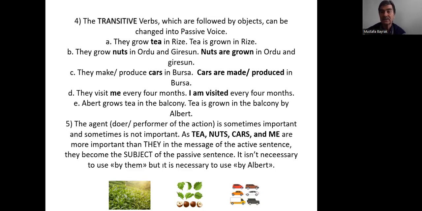It isn't necessary to use by them, but it is necessary to use by Albert. It's a specific occasion. What does Albert do? Specifically, Albert doesn't grow tea in the fields, in the orchards, in the garden, but Albert grows tea in the balcony. So tea is grown in the balcony by Albert. By Albert is necessary here.